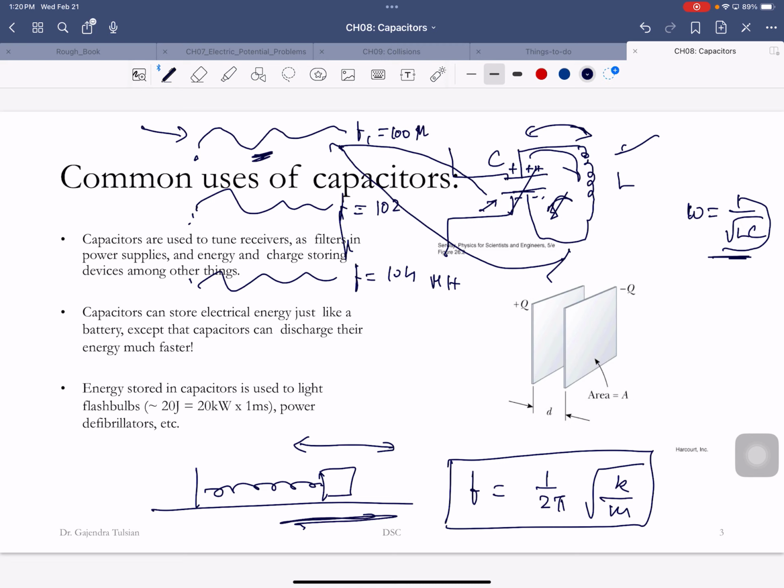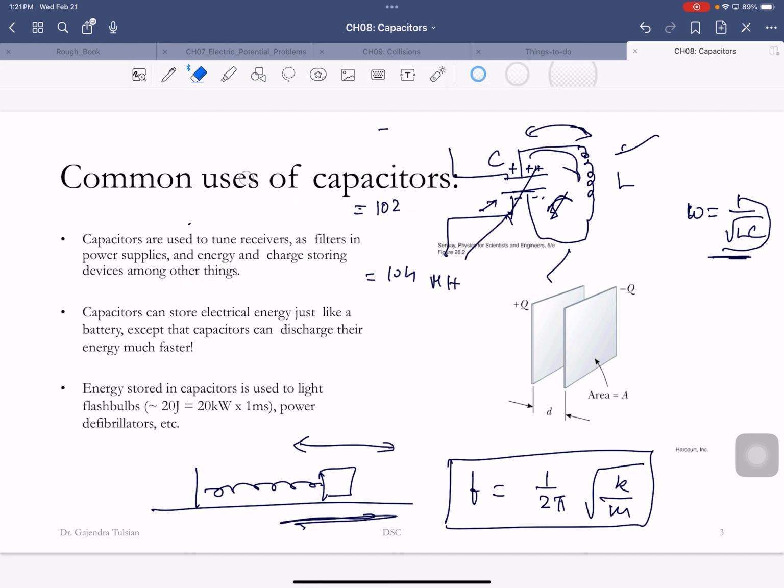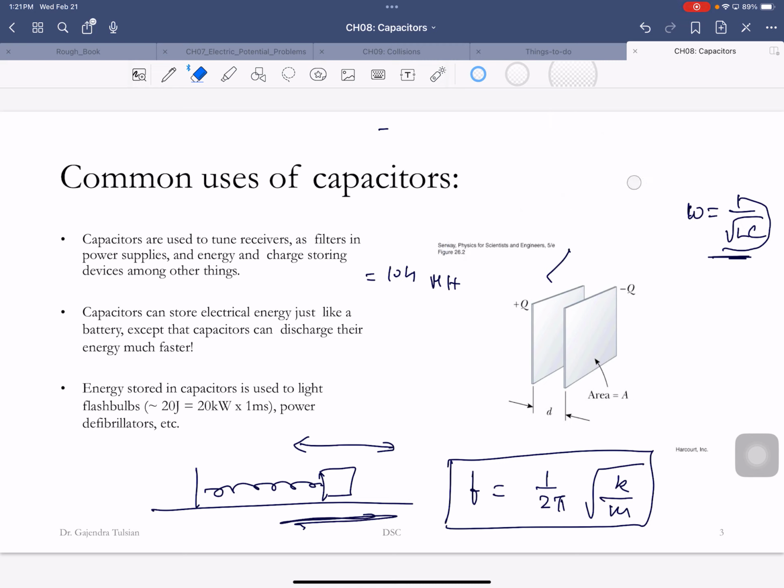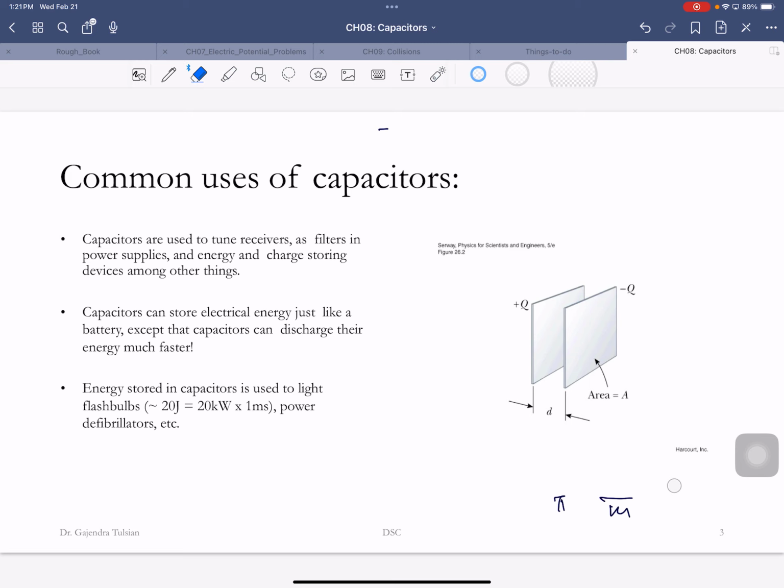So there are trillions and trillions of these because we use wireless devices all over the place. This tuning circuit is at the heart of so many things that you use. So again, I will draw that tuning circuit. Here's a capacitor. Here's an inductor.